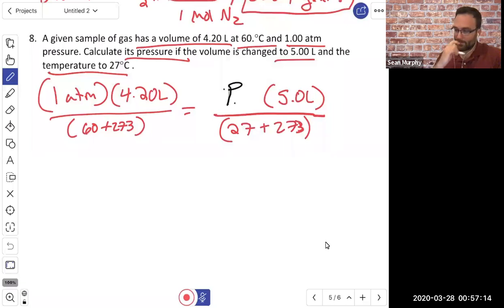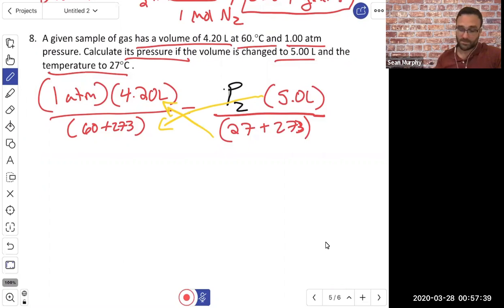P2. All right. We need to get our ending pressure by itself. So red and yellow, kill a fellow. All right, so V2 needs to go down here, and all of this stuff needs to go up there. But before we do that, let's just figure out what this is.